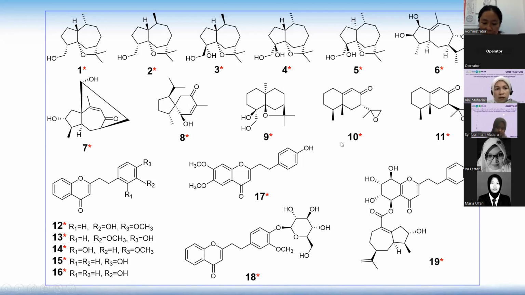And also some humulane like compounds 10 and 11.